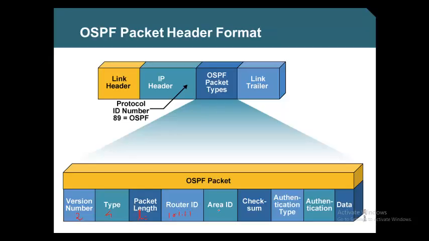So if you say area 0, it will take like this only, 0.0.0.0. So if someone is asking you how many areas we can create, the answer needs to be 2 to the power of 32, because you got 32-bit for area ID. Okay, so we can have up to 32-bit area ID.